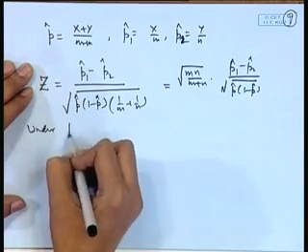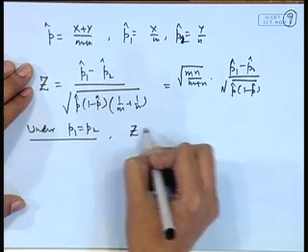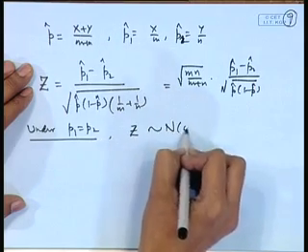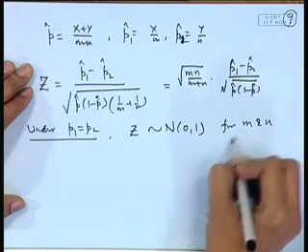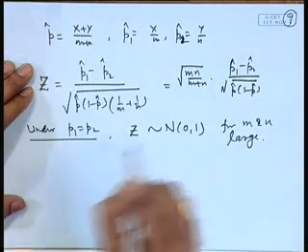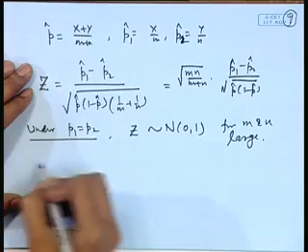Under the assumption that p1 = p2, Z is approximately normal (0,1) for m and n large. So, we may make a test based on this.